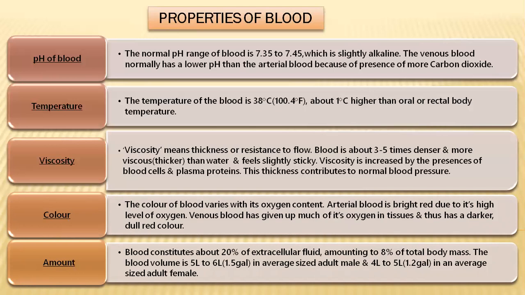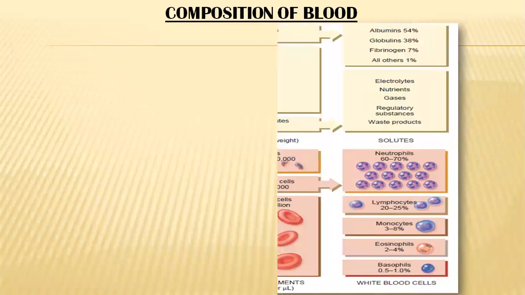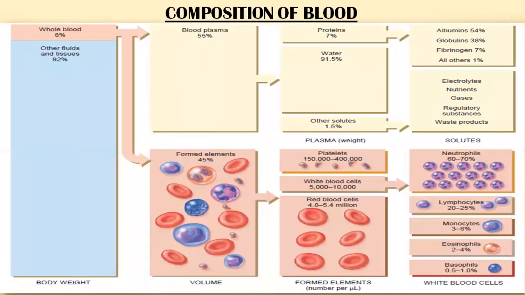So it makes perfect sense that males should have more red blood cells or more blood as compared to females for that function. But it's also about the genetic makeup. In males, you find that they'll have more blood as compared to the females.